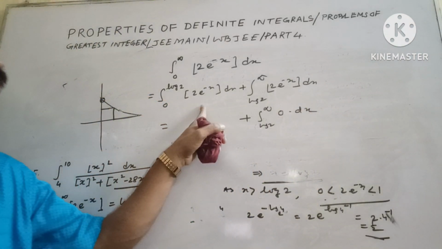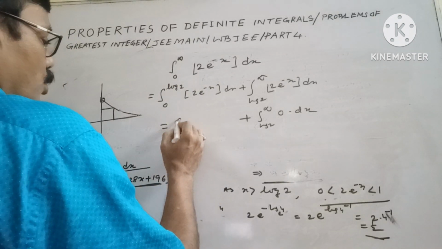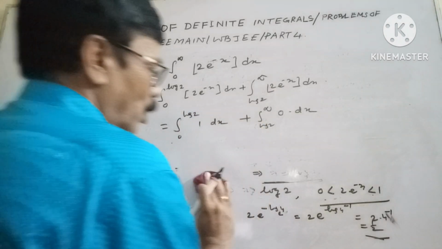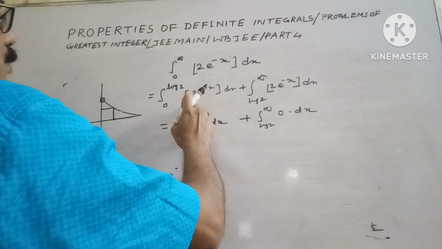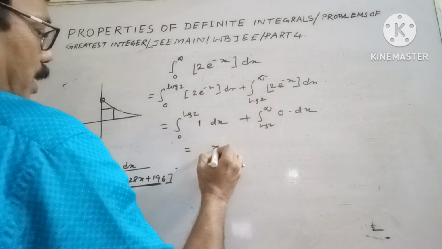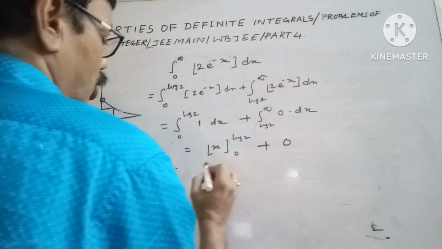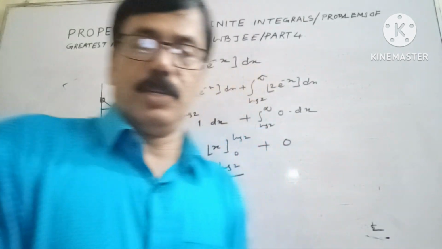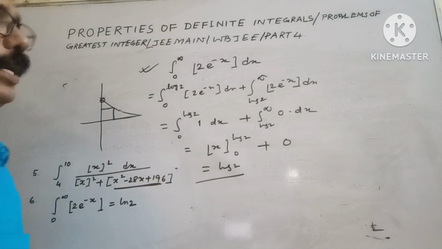And at 0 it is 2 and at log 2 it is 1. So from 0 to log 2, the value lies between 1 and 2, so the greatest integer is 1. Integral of 1 dx from 0 to log 2 is x from 0 to log 2. So finally, log 2. This is also a most important problem for competitive exams.